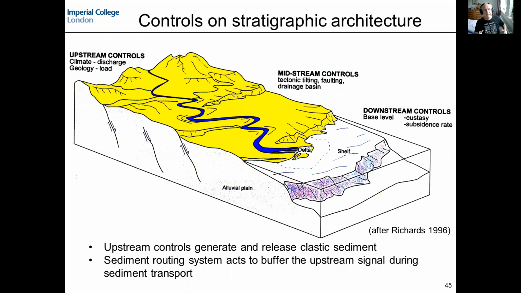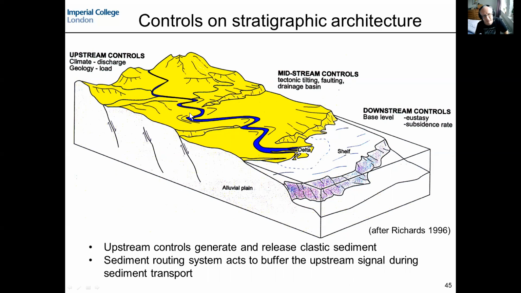Okay, so graphically, this is a way of showing a little bit more about those controls. So upstream controls, that could include tectonic uplift and climate, which release sediment. Midstream controls really determine how long it takes the sediment to travel from this hinterland in towards the basin where it's deposited.